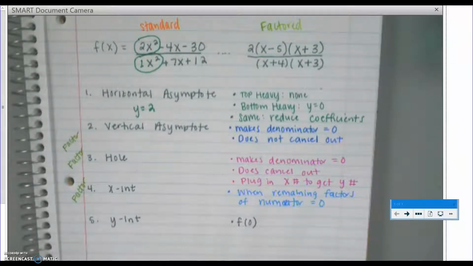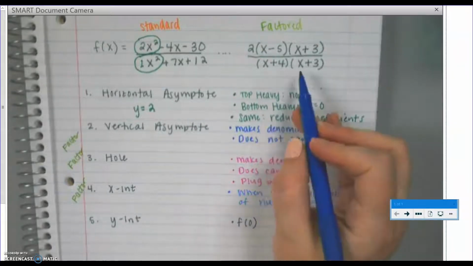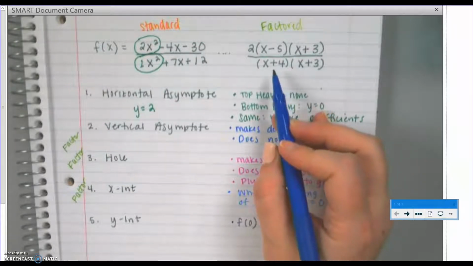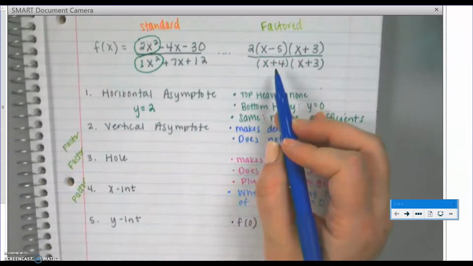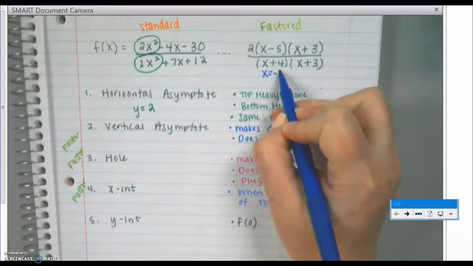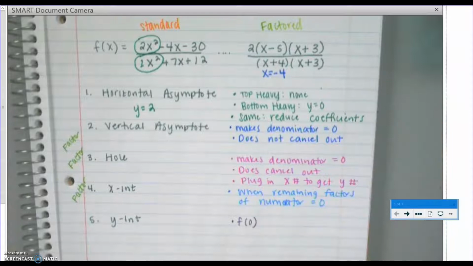So if you look at my example here, the factored form, I have 2 factors in the denominator. So think about what number would make x plus 4 equal 0. It would be 0 if x was equal to negative 4.